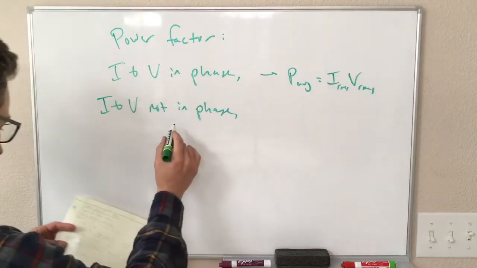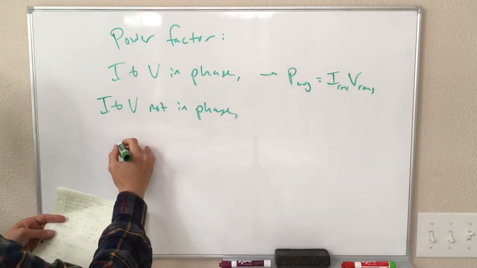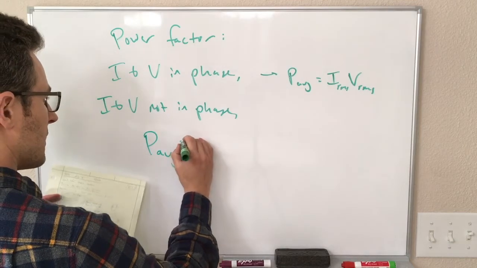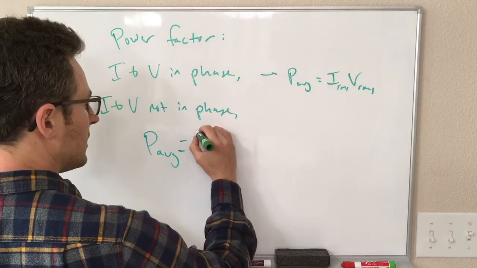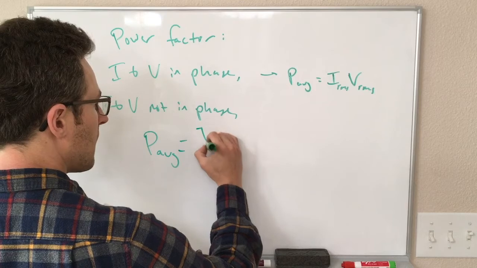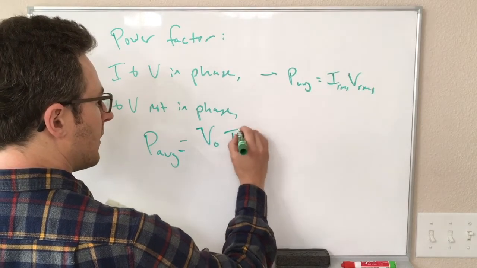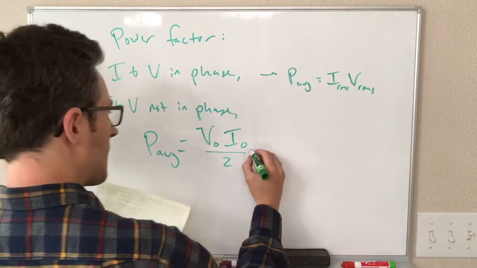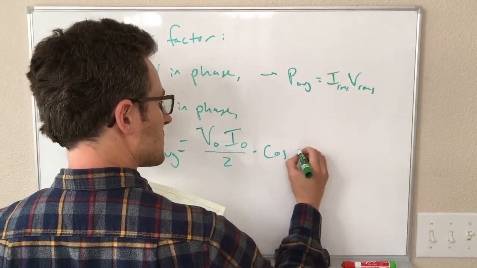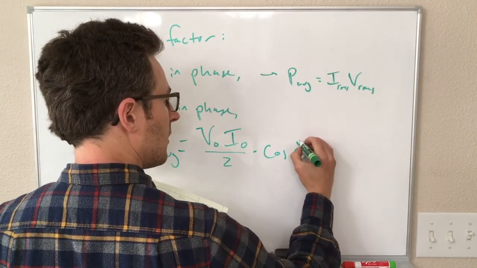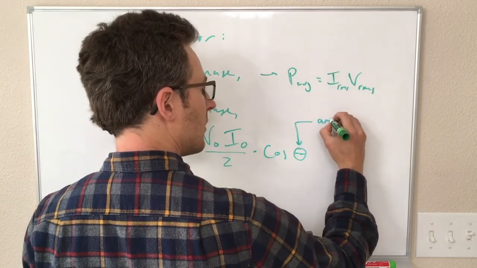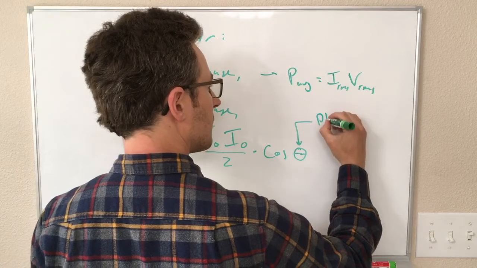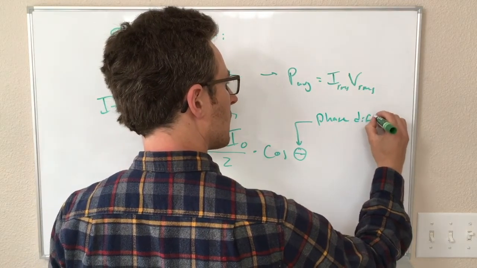So if this is true, we can write our average power like this. We can write it as V naught I naught, so these are our max values, over 2 times the cosine of theta, where theta is now the phase difference between I and V.